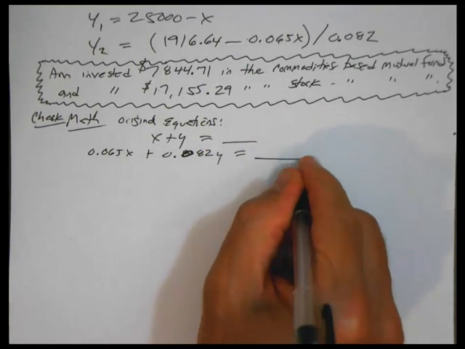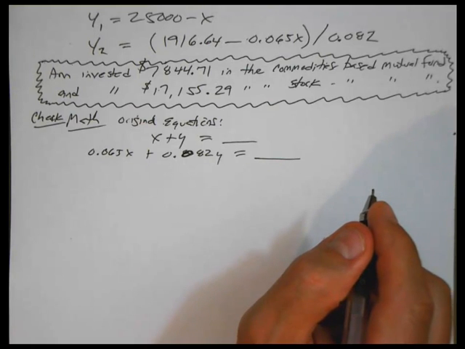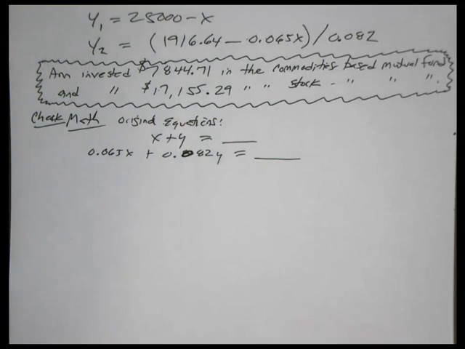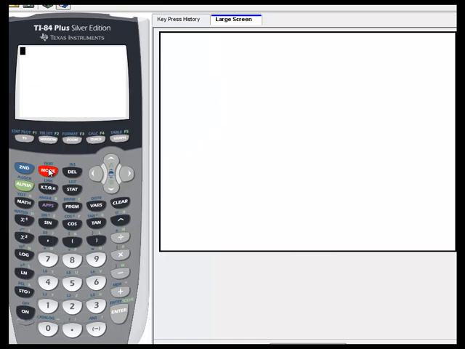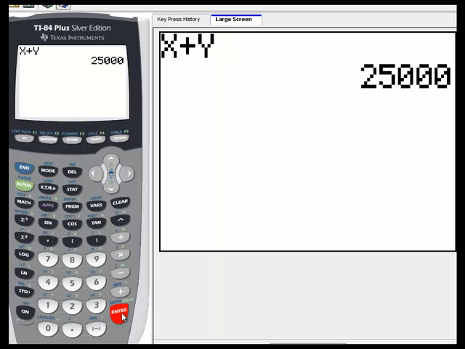The right-hand side, let's see what happens there. Alright, back to the calculator. So now we might do well to go second quit, return to the home screen. And first of all, our x plus y. Enter. Okay, as in the first original equation, it's good.